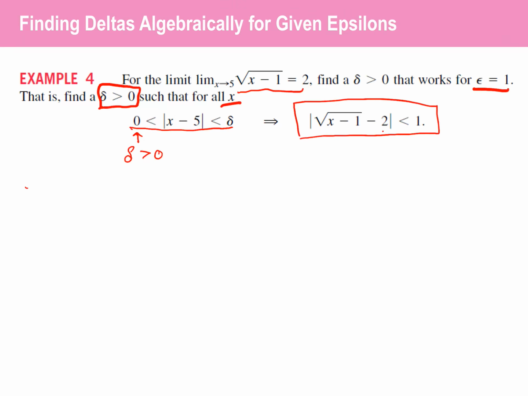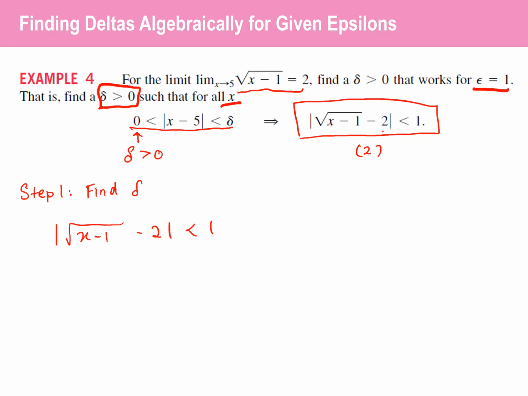The first thing we want to do in our first step is to find our delta. We start with our second statement: modulus square root x minus 1 minus 2 less than 1.